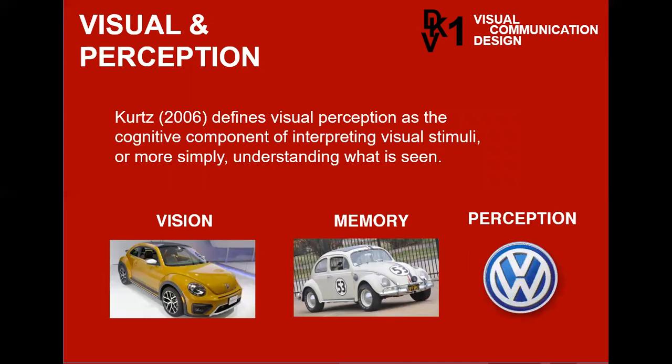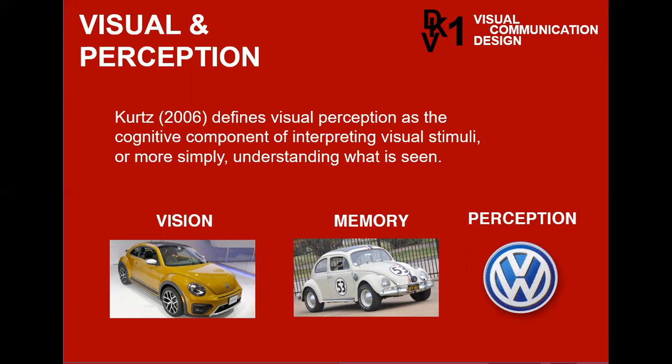The next one is visual perception. Kurtz 2006 defines visual perception as the cognitive component of interpreting visual stimuli, or more simply, understanding what is seen from vision, memory, and perception.